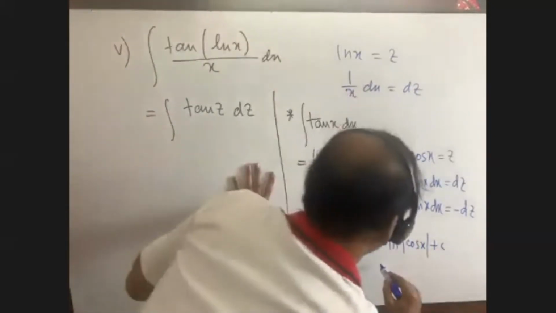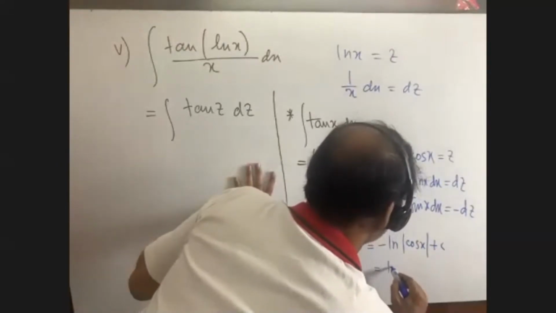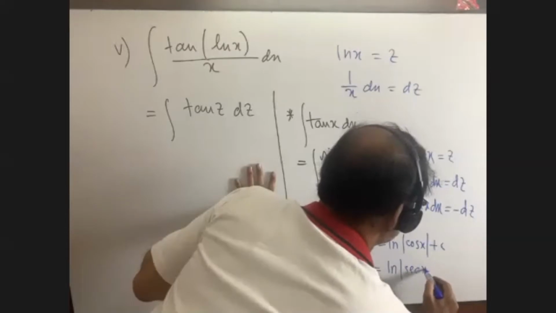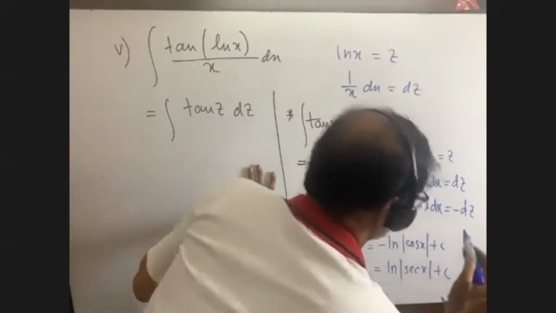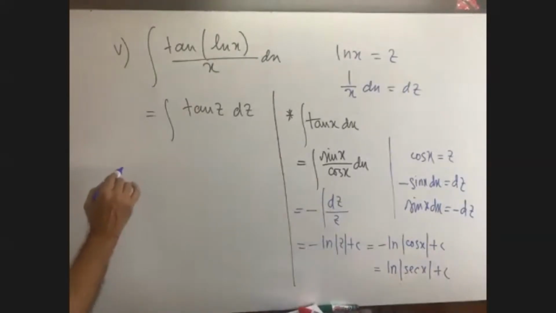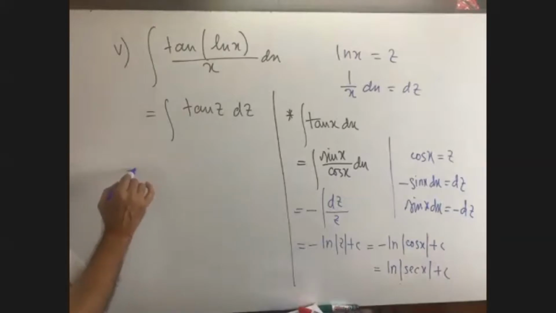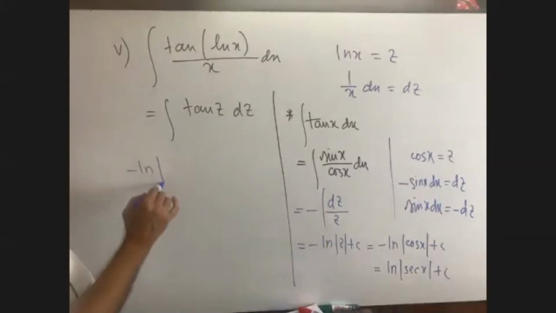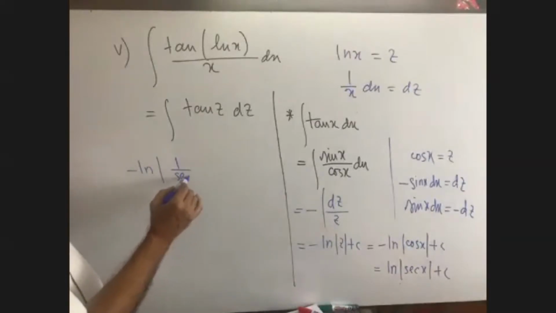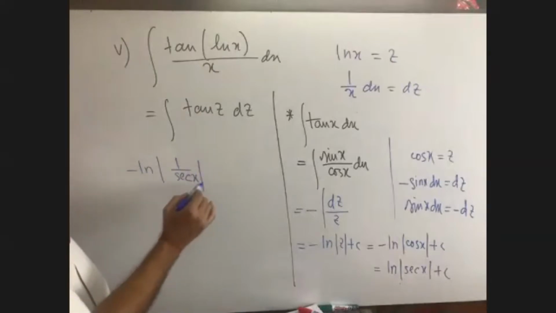So we can write ln sec x plus c. Now who has failed to understand? Last part, minus ln cos x means what? Cos x means 1 by sec x.